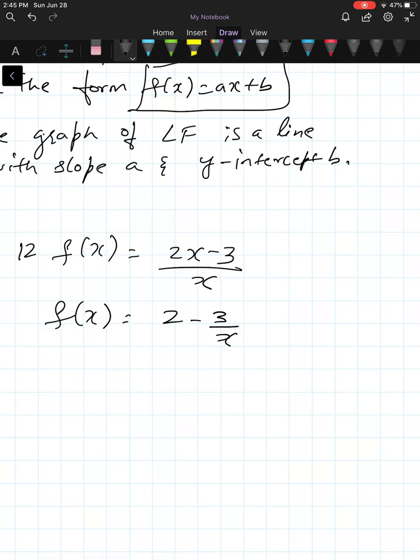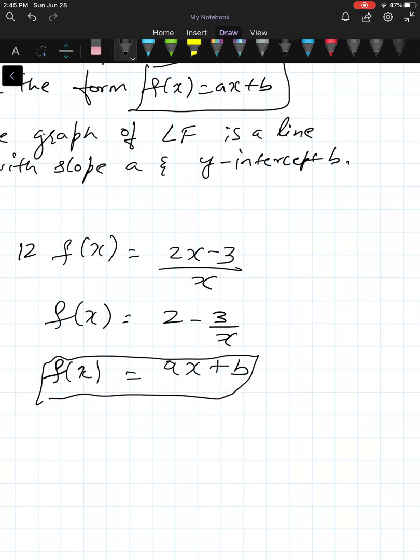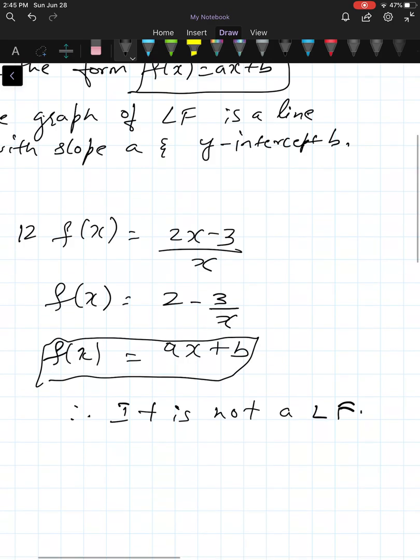You can observe that this doesn't match the standard form f of x is equal to ax plus b, because the power of x in the standard form is 1, but in the given equation the power of x is -1. So the given function is not a linear function.